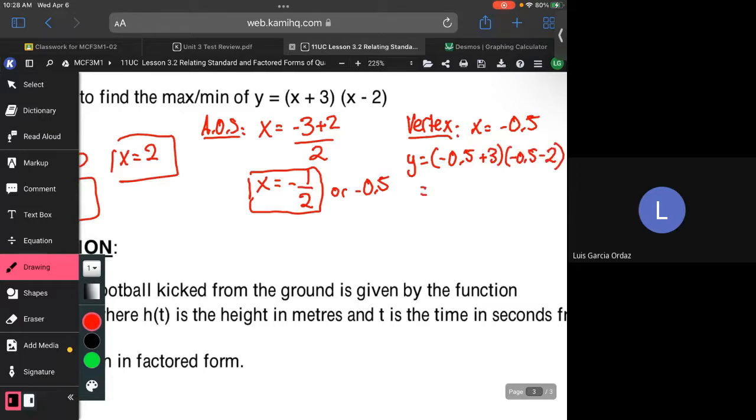So what's -0.5 plus 3? What does that give me? 2.5. And can someone else tell me what -0.5 minus 2 gives me? -2.5. So now you're going to multiply those two numbers together.